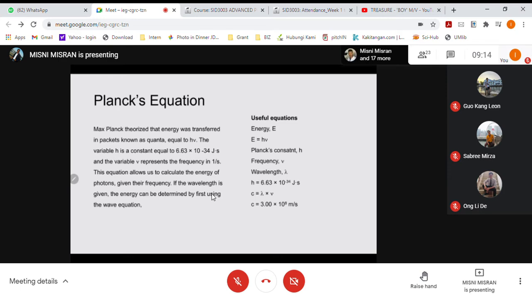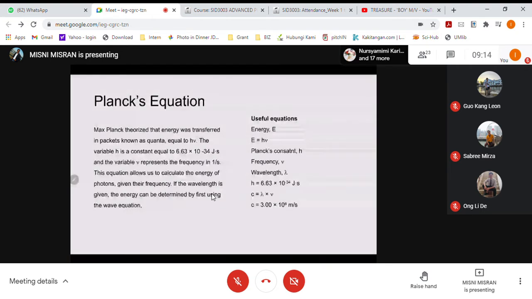I think by now you remember all the constants that we have, right? The speed of light, this one is rounded off to 3 times 10 to the 8 meter per second. The Planck constant is 6.63 times 10 to the minus 34 joule seconds.